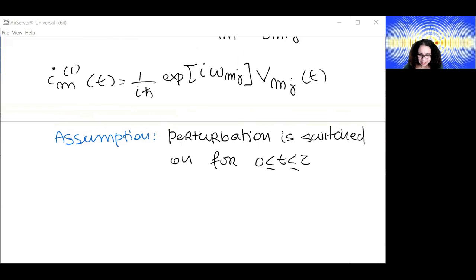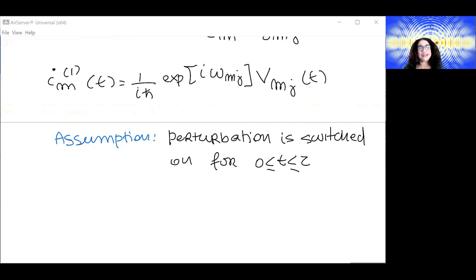So if you look at this expression, we have two possibilities. We could have the possibility that m is equal to j, or m is different from j. You don't know. So we have these conditions. Let's compute things. So let's assume then that m is equal to j, which means that the system remains in that state.